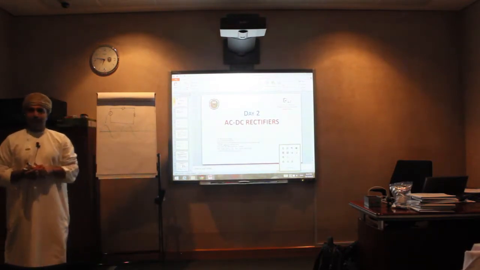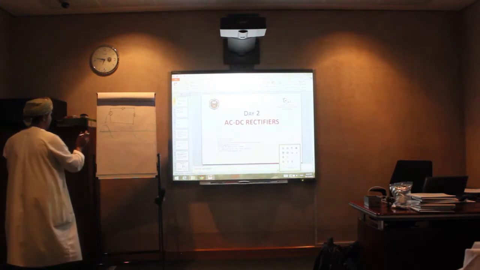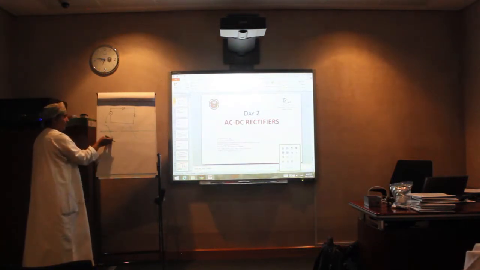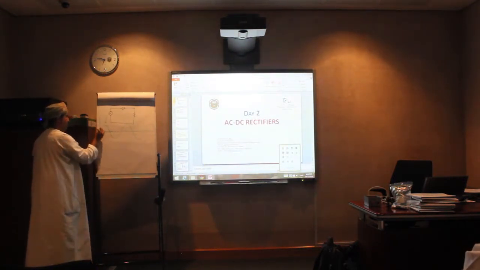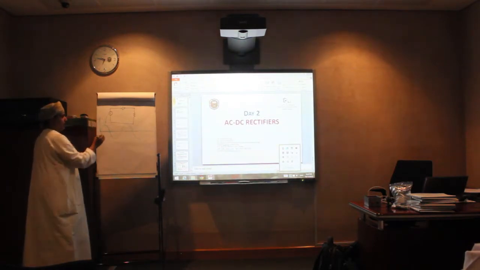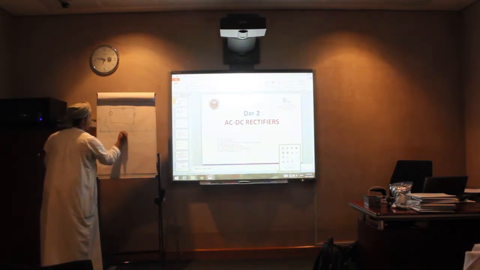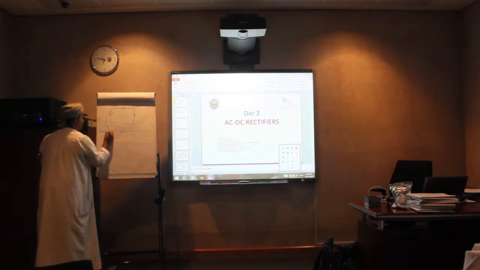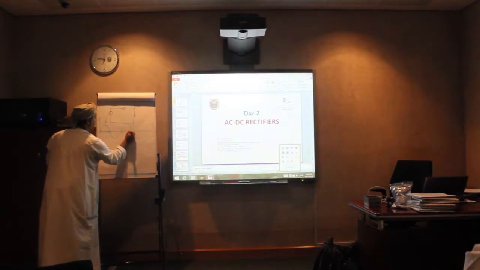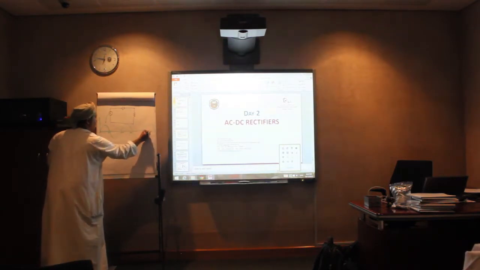Right? So it has a positive side and a negative side in terms of voltage. And I can assume that the cycle is 2 pi, so this is pi, and so on. So this is 3 pi, and this is 4 pi.